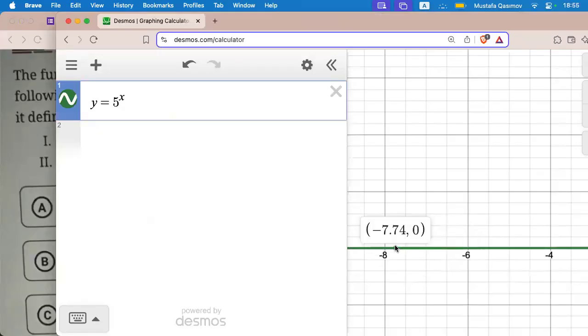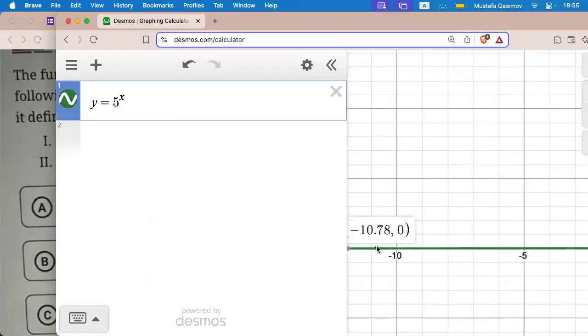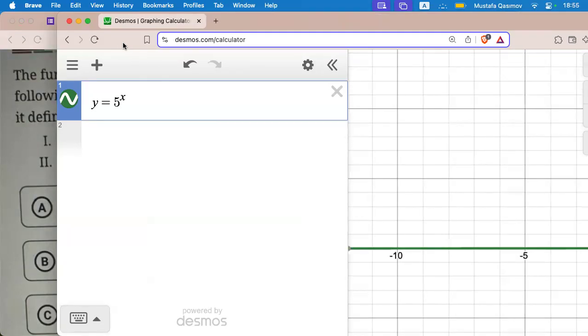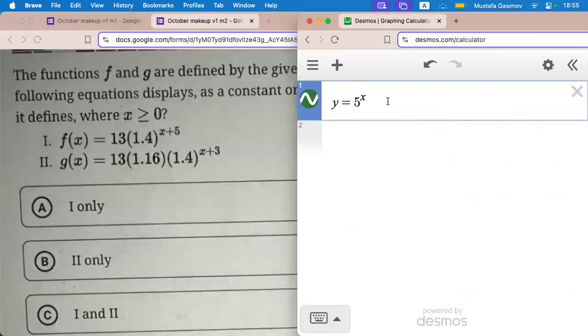It becomes closer to 0, but it cannot be equal to 0. 0 is called an asymptote, and we also don't have asymptotes in SAT. So that's why for this type of exponential function we don't have a minimum or maximum value.